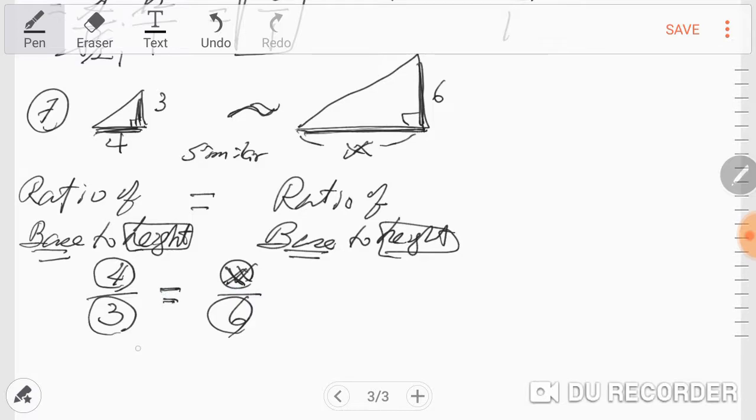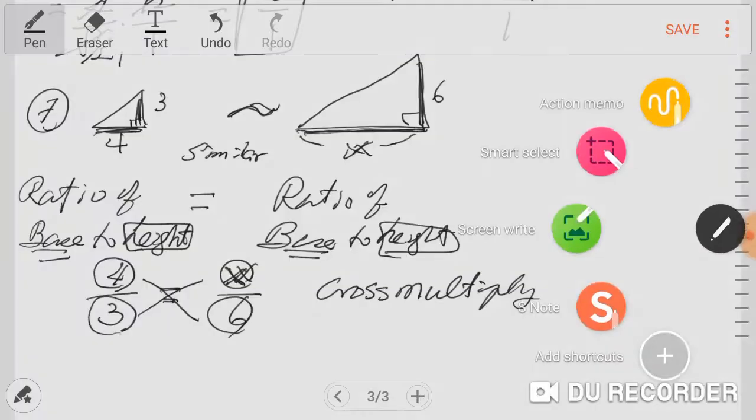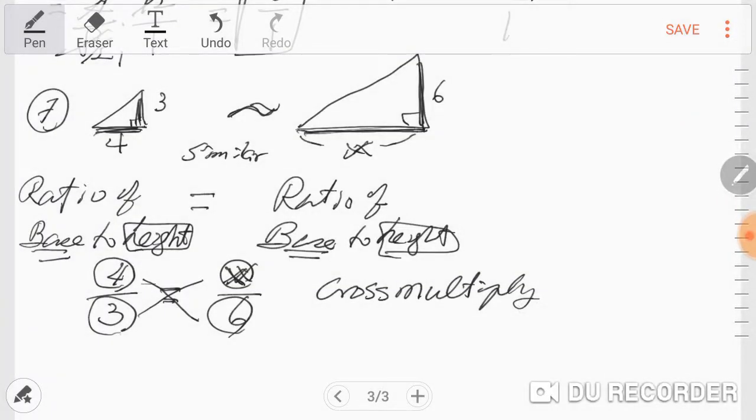How do you find this x? The equation has one fraction on each side, so we can cross multiply. So 4 times 6 is equal to 3 times x.